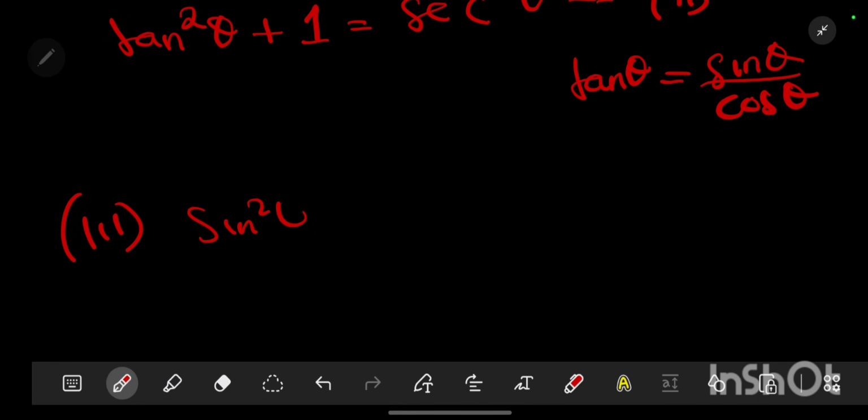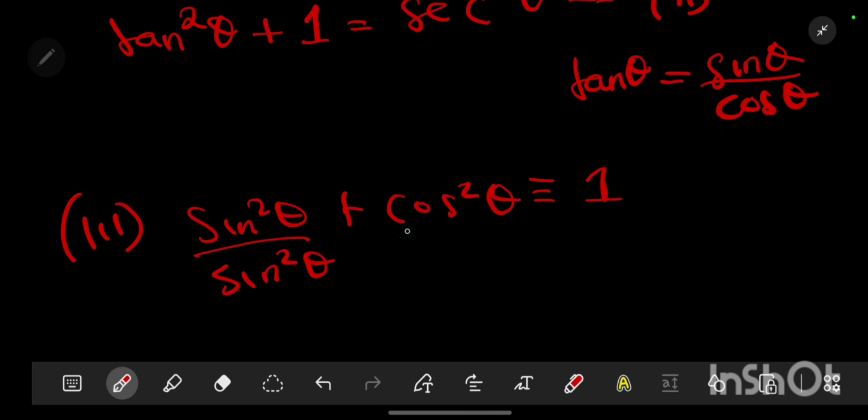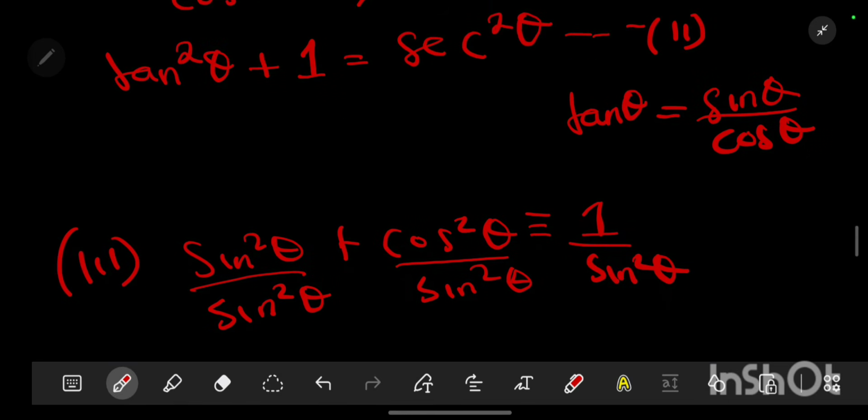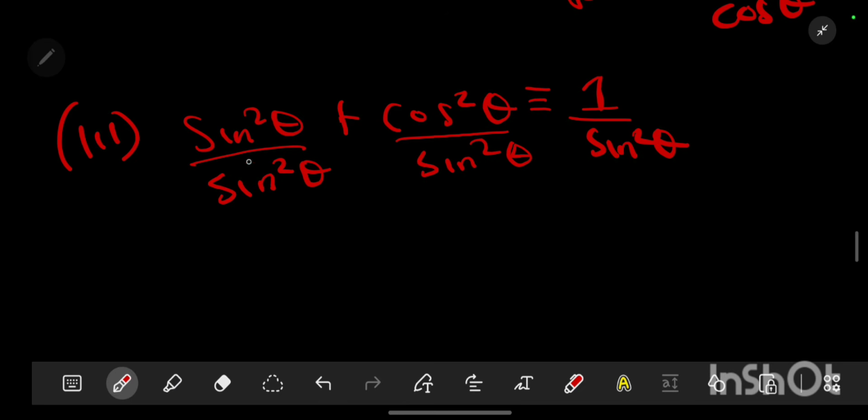We have the sine squared theta plus the cos squared theta. This is equal to 1. So what we are going to do is let's now divide by sine squared theta throughout. So we are going to have something like this.